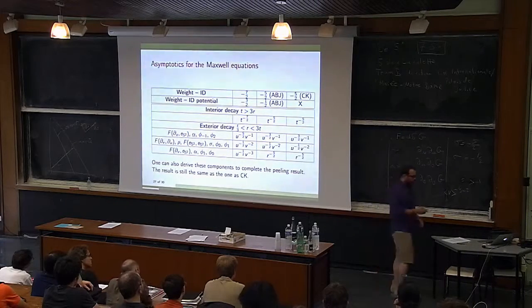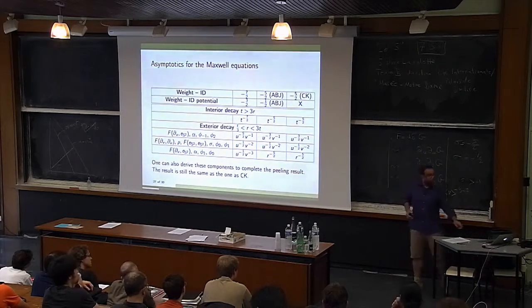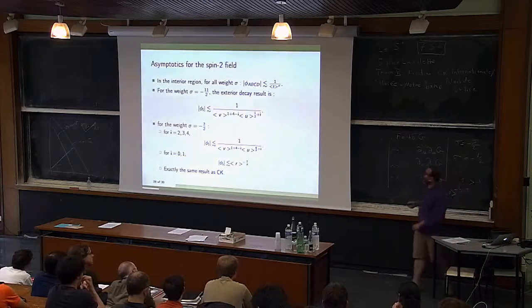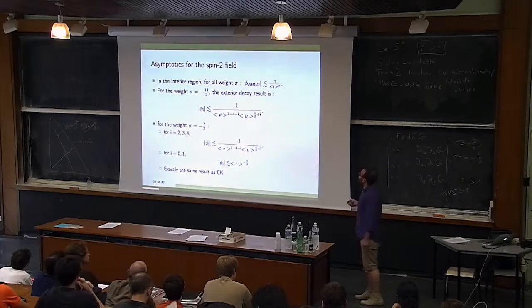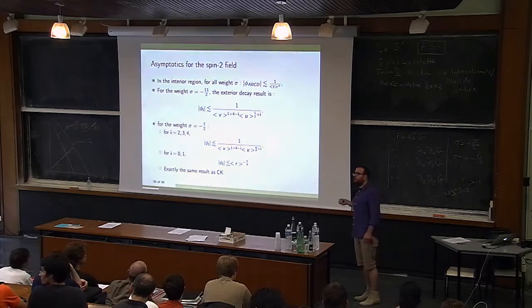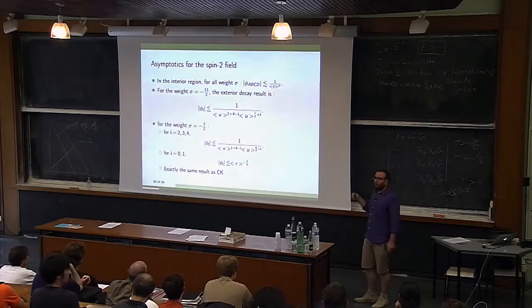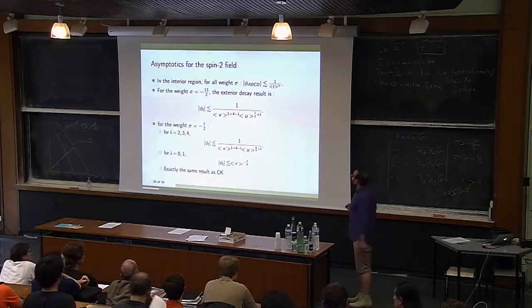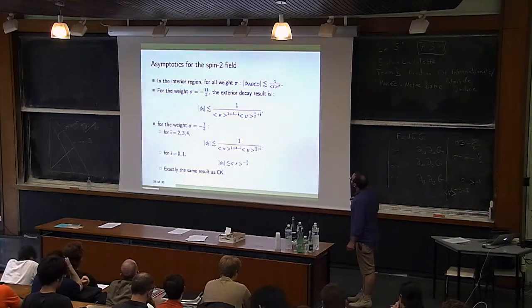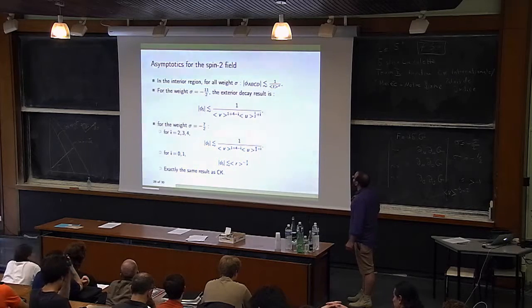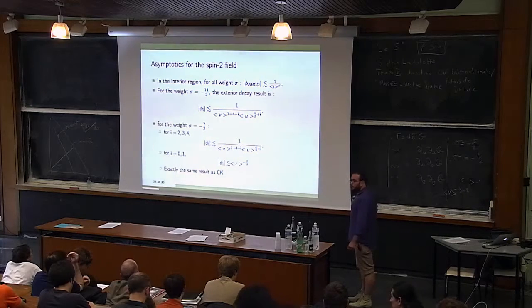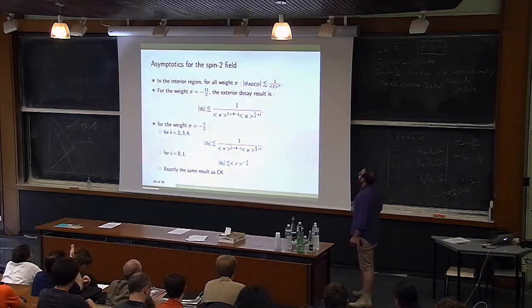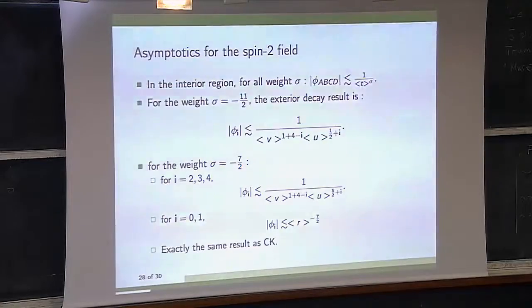Okay, now if you want to do this for higher spin fields, you can, of course, do it. So if you look for all weights in the interior region, here I'm making interior region, exterior region, but it really doesn't matter, okay? This is global. But in the interior region, if you decay like r to the sigma at the level of the initial data, you get exactly the same amount of decay in the time direction. For the weight sigma equal minus 11 half, I have to comment about this weight afterwards.